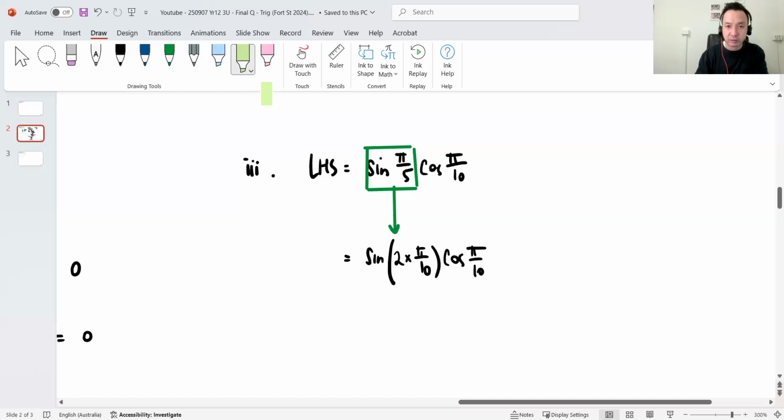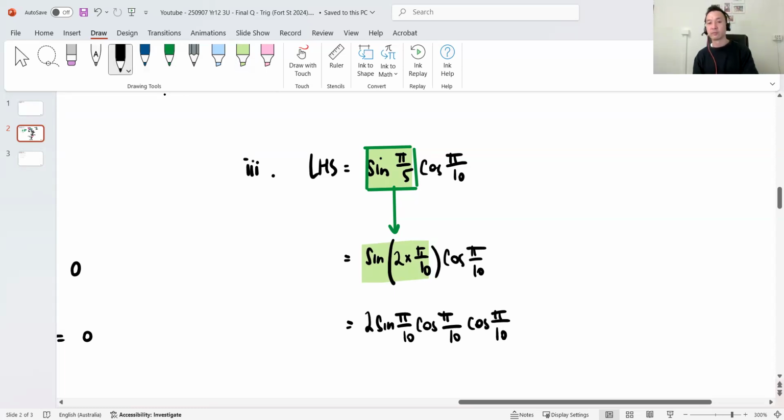With this equaling that, we replace it with the double angle formula, which is 2 sine of the single angle, cos of the single angle, times another cos pi on 10.